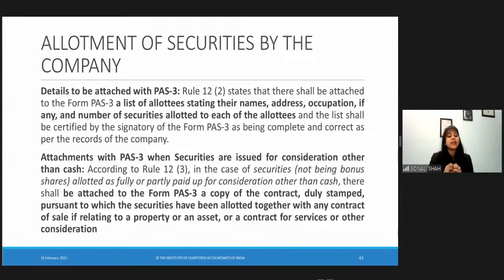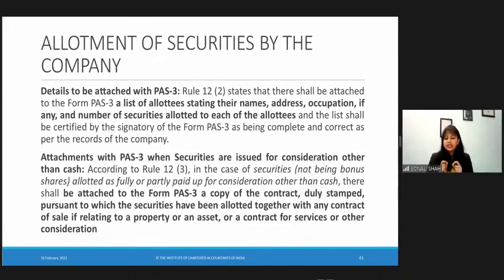There could be terms and conditions in the agreement where it would be written that in return for the technical know-how provided by the company, shares or securities will be given to company B. So here, what is the consideration? Consideration is not money, but the technical knowledge, right? So these could be the situations where securities are to be issued for a consideration other than cash.